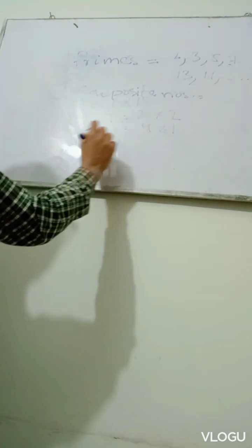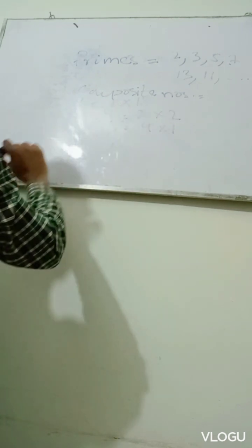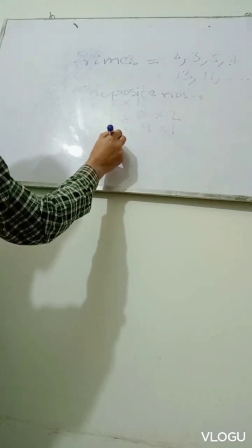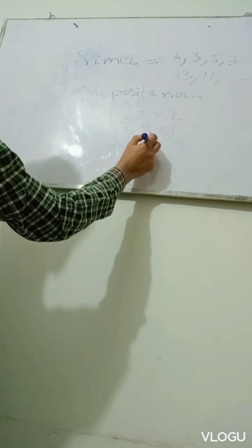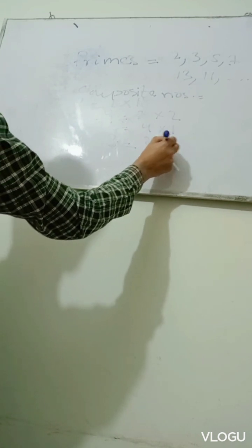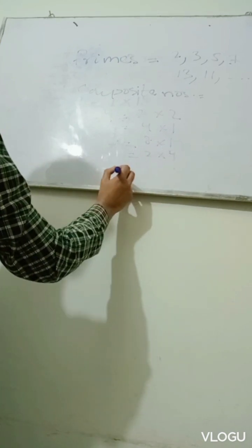So 4 has more than 2 factors, 2, 4 and 1. Similarly, 8. How many factors does 8 have? 8 ones are 8, 2 fours are 8. So 8 also has more than 2 factors, which is called a composite number.